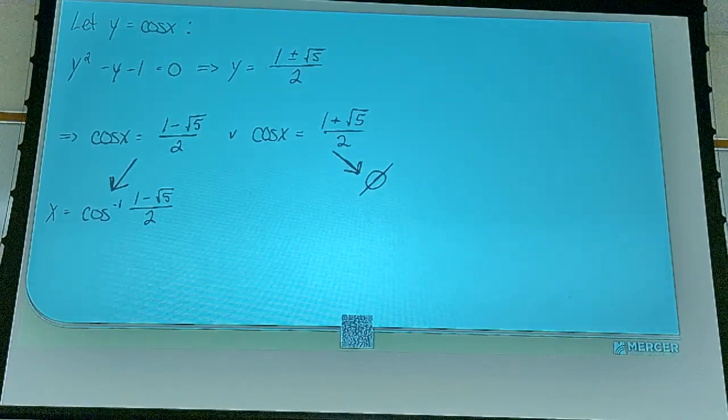1 minus root 5 over 2, is that positive or negative? Negative. Which means our angle would be in quadrants 2 or 3. The inverse cosine gives us quadrant 3, right? Or quadrant 2, rather.